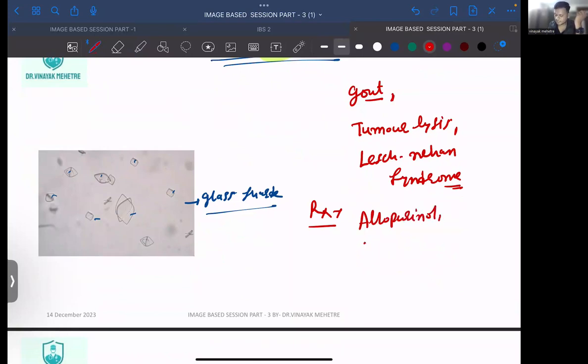And acetazolamide. Okay, acetazolamide. So these drugs make urine alkaline.